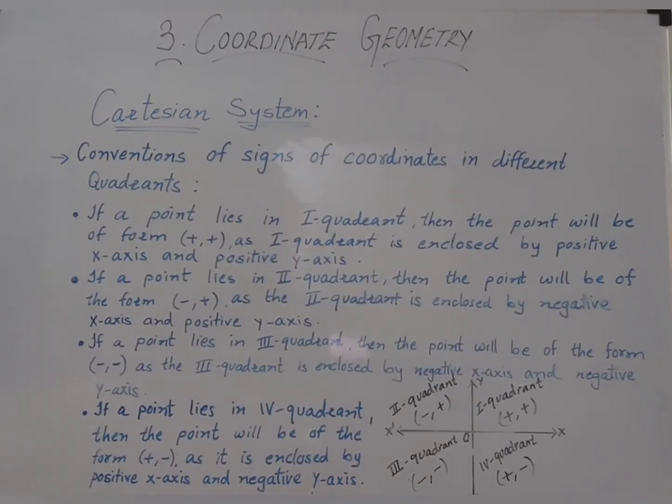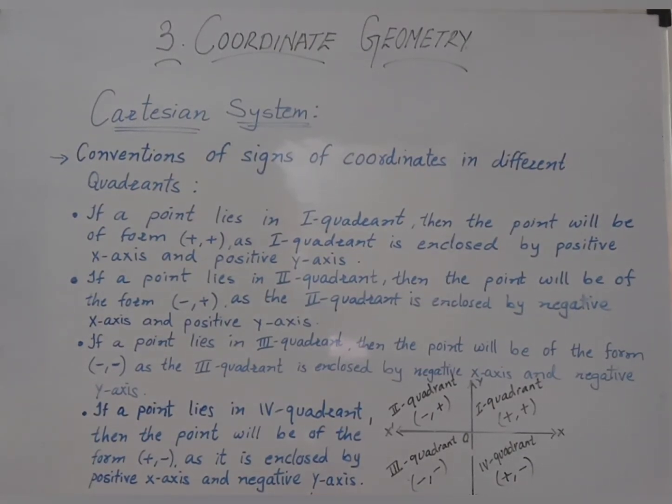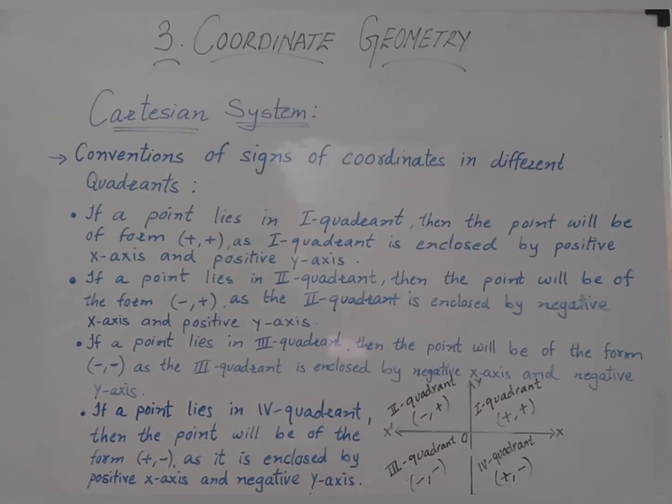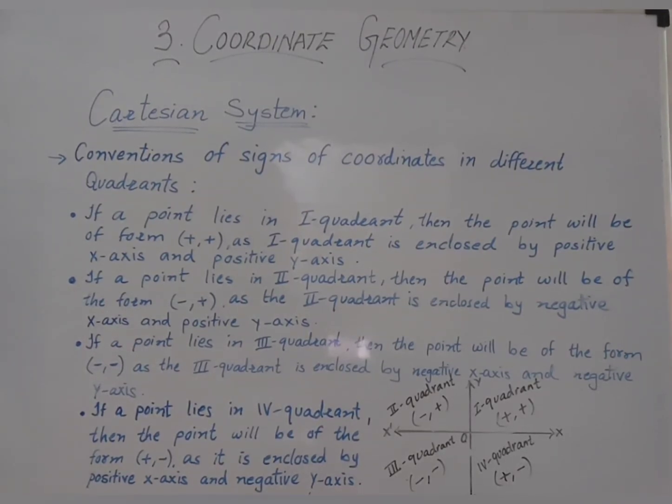Now, let's learn about the signs of coordinates in different quadrants. That is called conventions of signs of coordinates in different quadrants. In our previous lecture, we have seen that when x-axis and y-axis meet at origin perpendicularly, then we get 4 different quadrants.